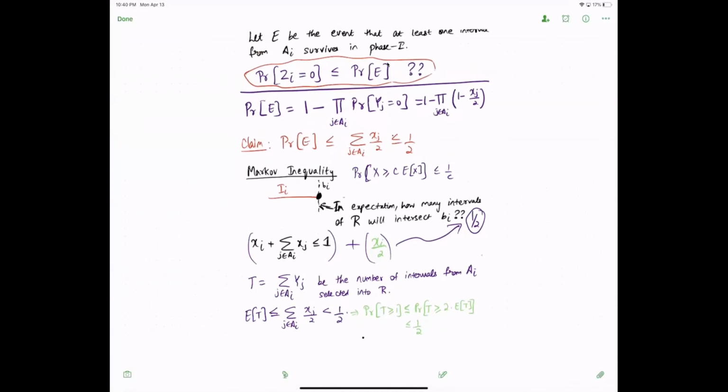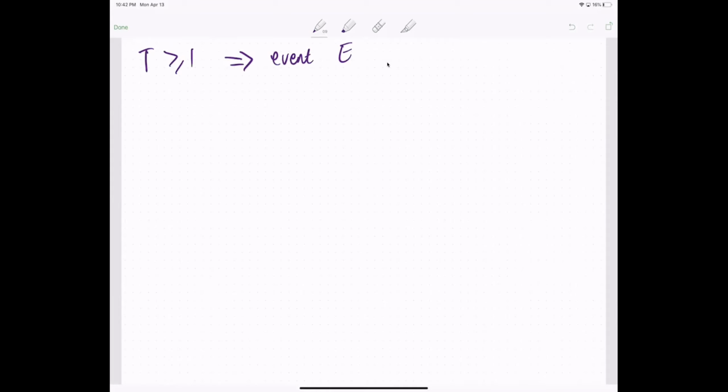Well, not exactly the same, but T greater than or equal to 1 implies that event E happened.